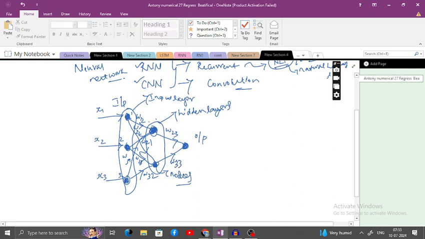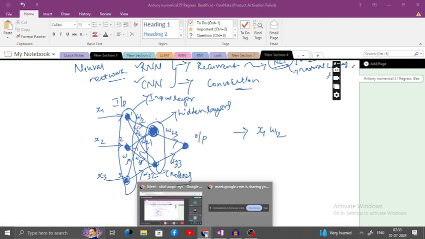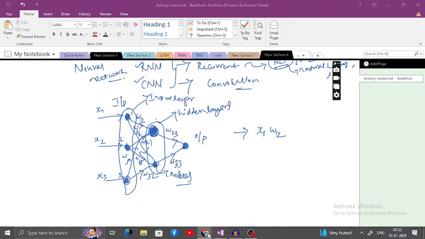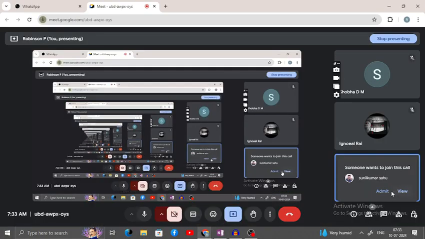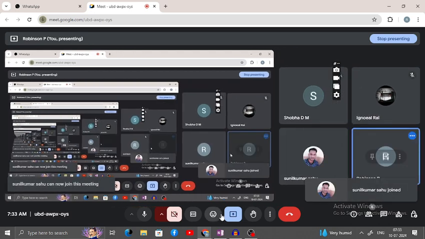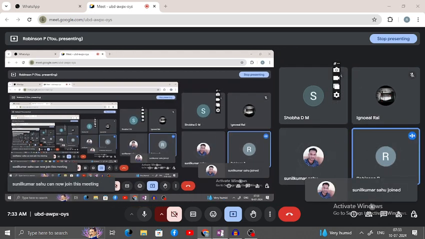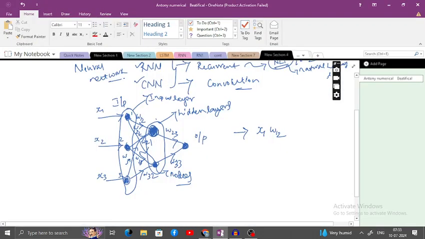So what is the input here? X1 into W12. Let us say this is W23. For W23, what are all the inputs? Here, X3.